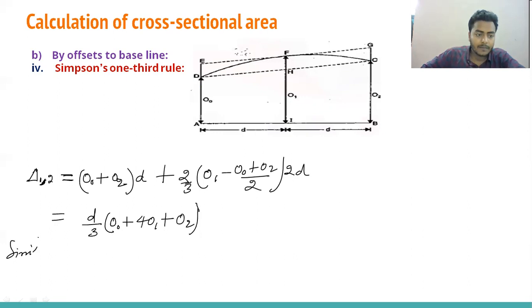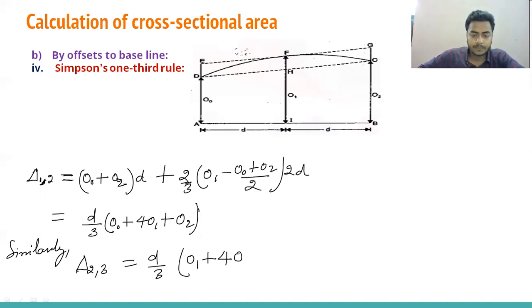Similarly, we can calculate for the next one also. Similarly, we can calculate delta 2, 3. Just follow the notation like D by 3, O, previous case O1. Now in this case, we will see O1 plus 4 into O2 plus O3. Am I right? No, sorry, let me erase something.